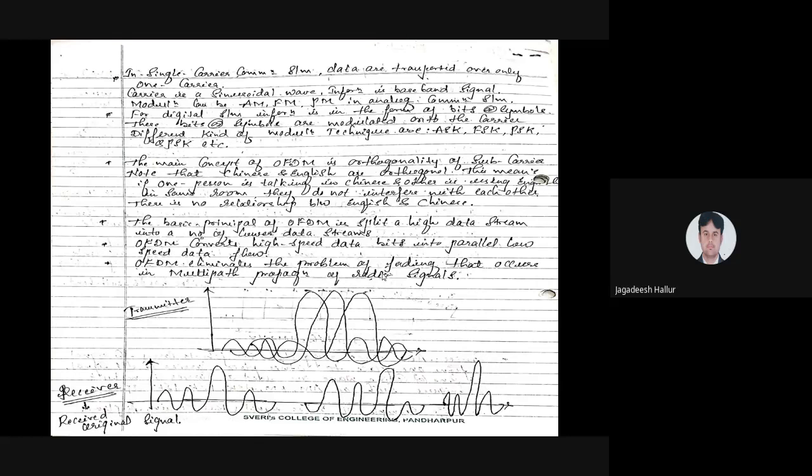The sinusoidal wave carries the information in the baseband signal, and the modulation techniques used are AM, FM, and PM for analog communication systems.